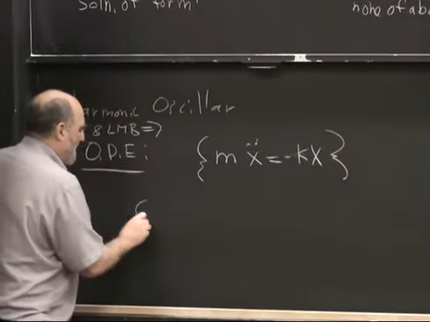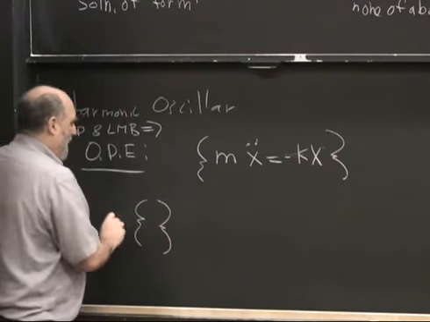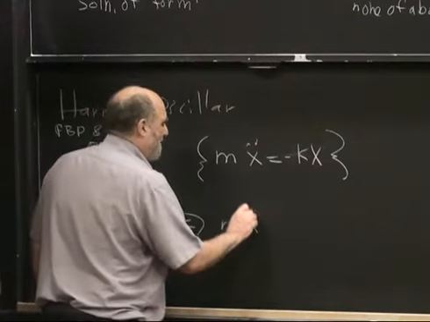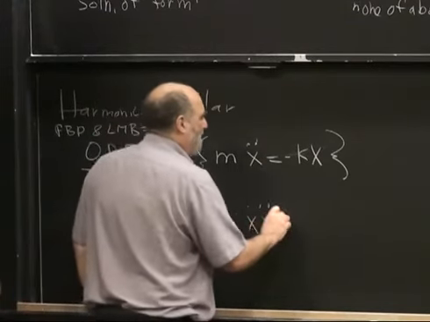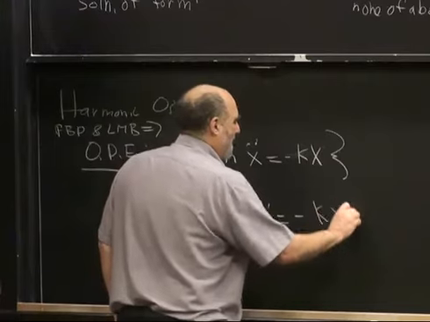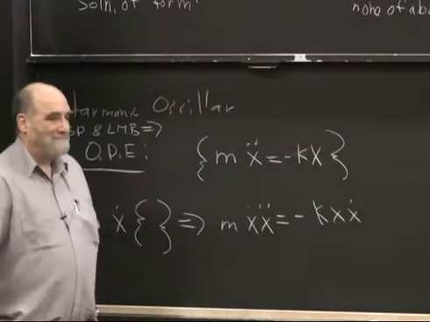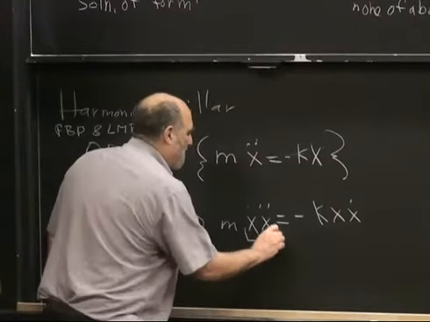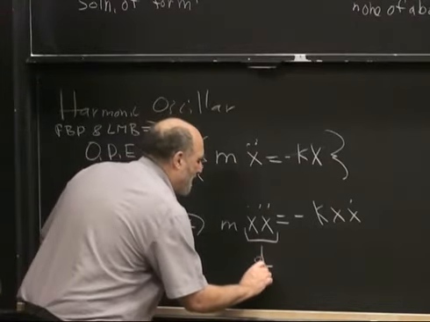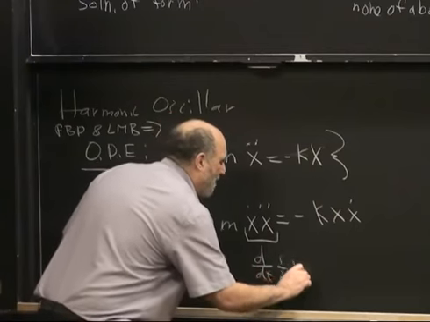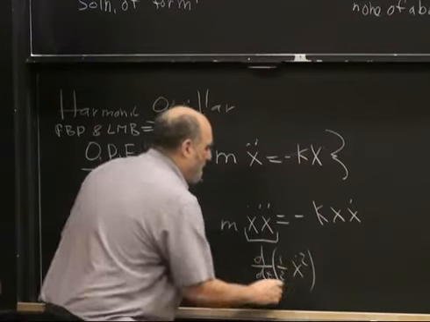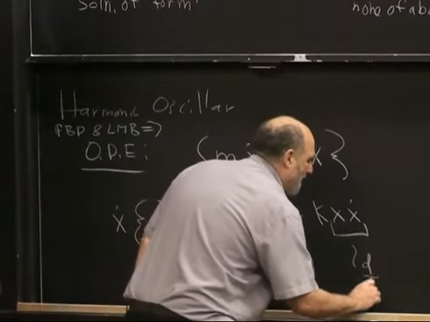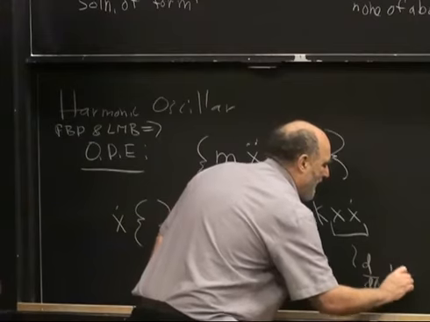We take this equation here, we multiply both sides by x dot, and it gives us m x dot x double dot equals minus k x x dot. Then what you notice is that this expression here is d by dt of 1/2 m x dot squared. And what you notice is that this is d by dt of 1/2 kx squared.